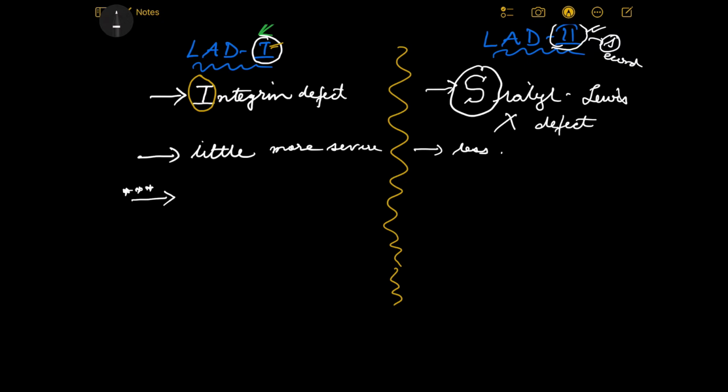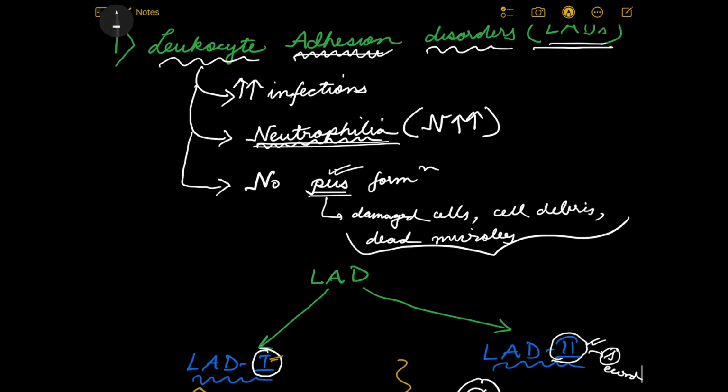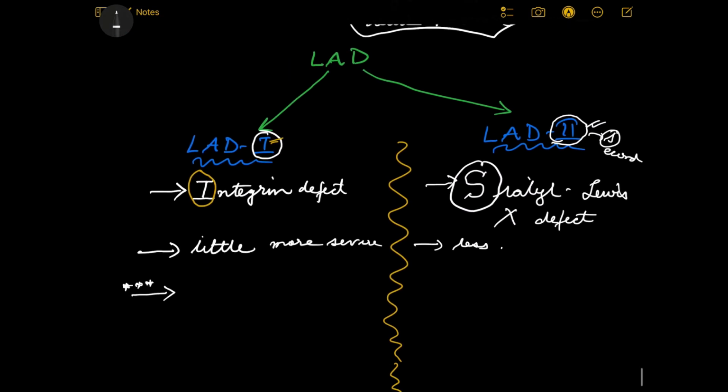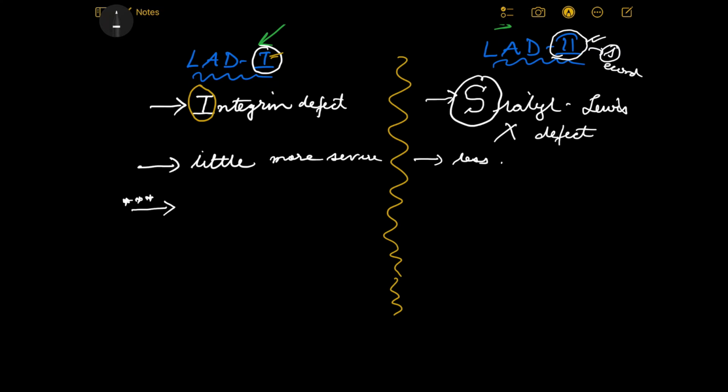The clinical manifestations for LAD1 and LAD2 are a little different. Obviously they will have shared clinical manifestations, but they themselves will have a few very special identifying markers. For LAD1 there is one very specific marker by which you can recognize it immediately.